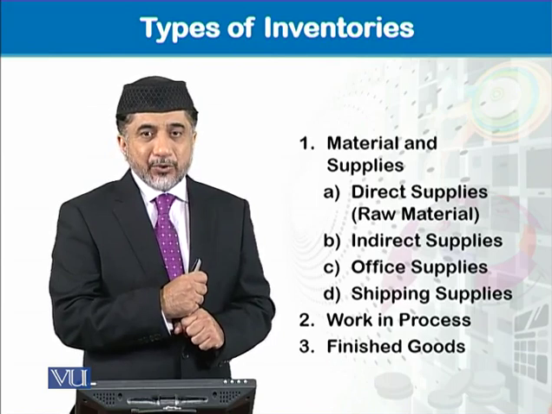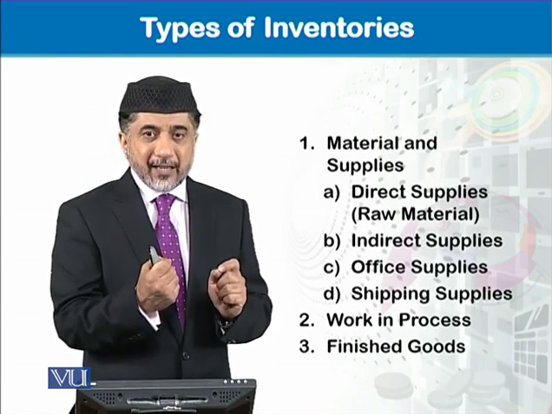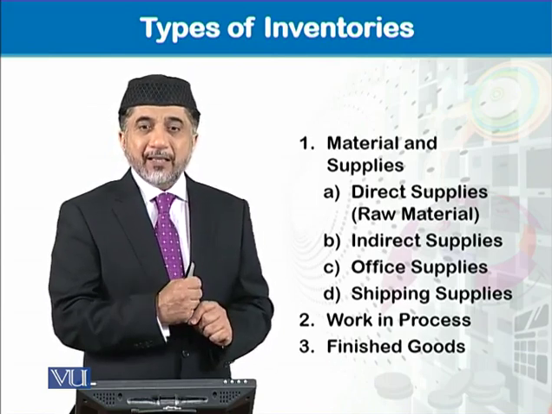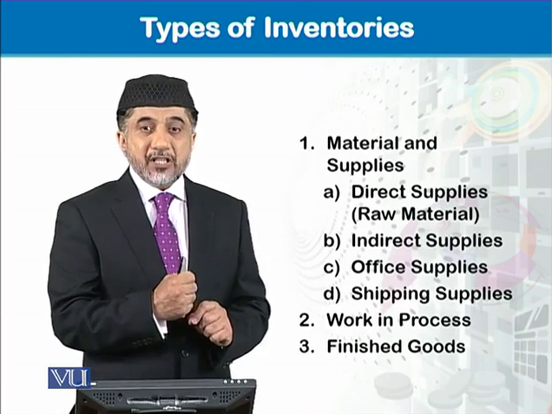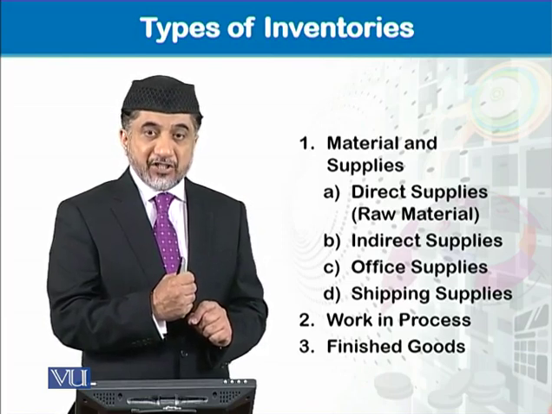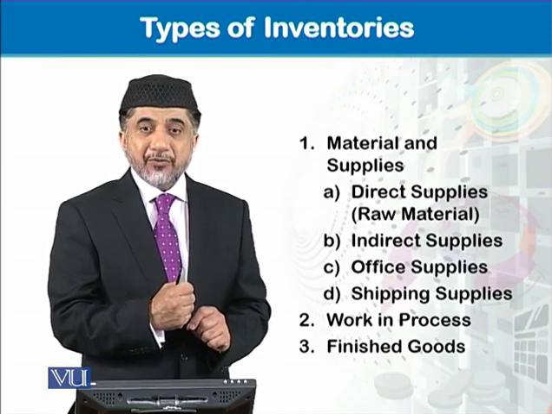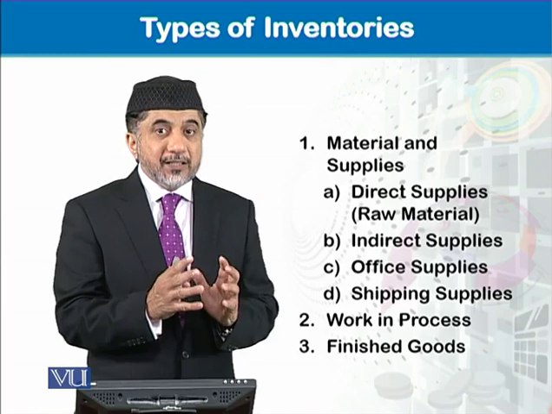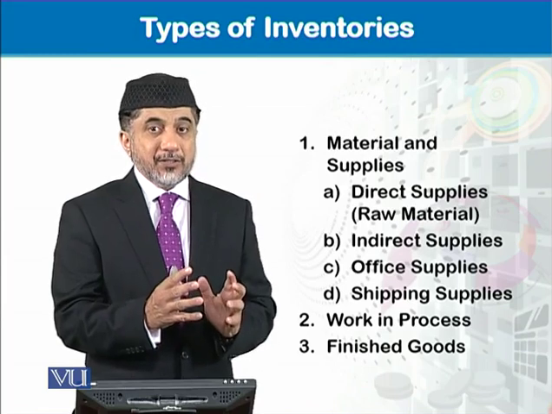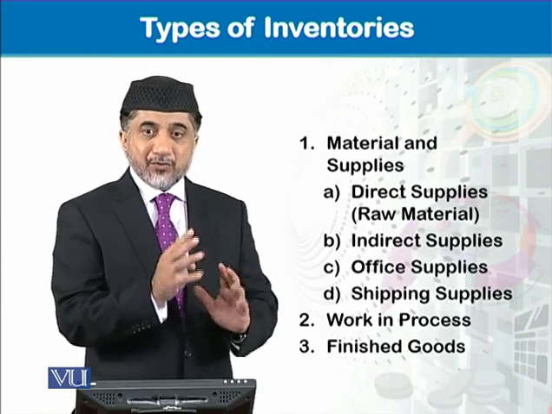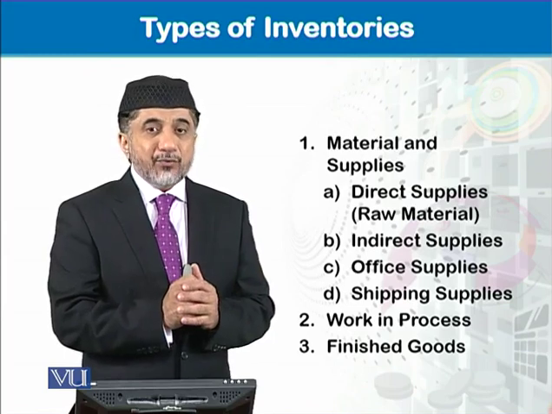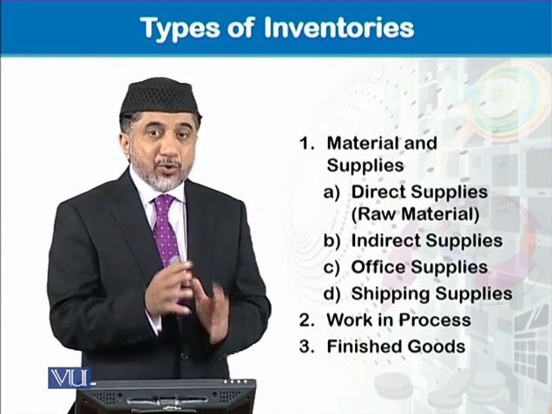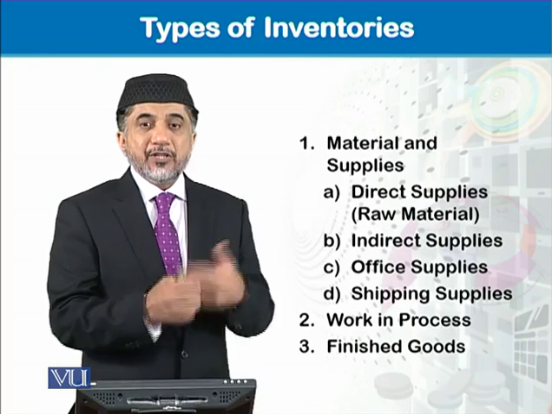And then on the closing date, at the end of the reporting period, there is one more inventory which we see in our assets, in our balance sheet, and that is finished goods inventory. Finished goods inventory is the unsold goods which were finished with us and which we could not sell during the year.